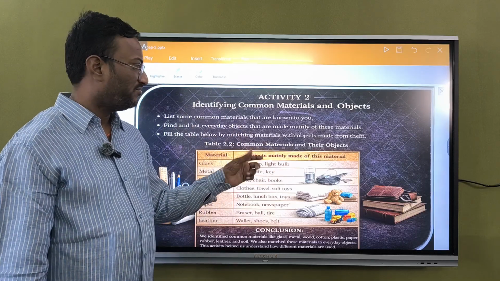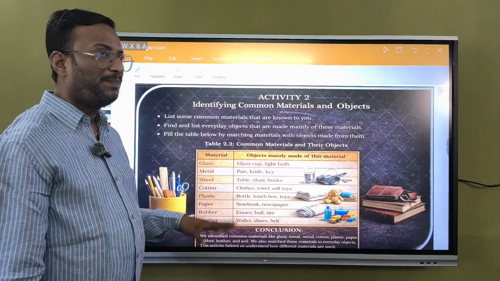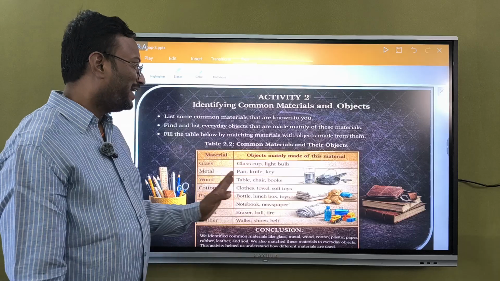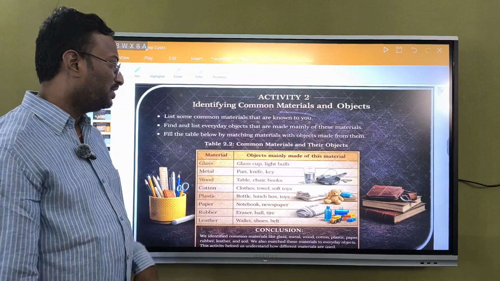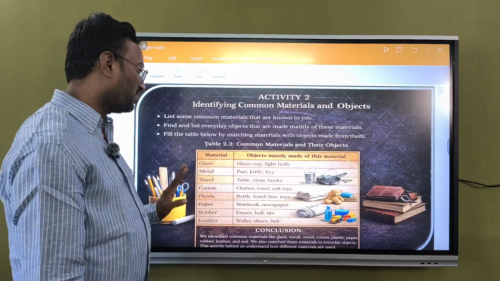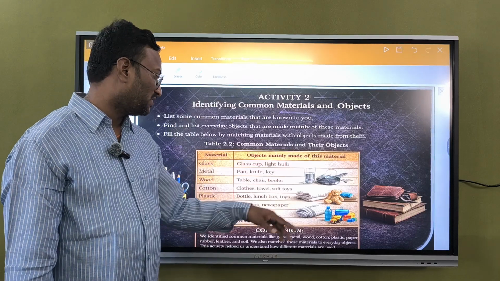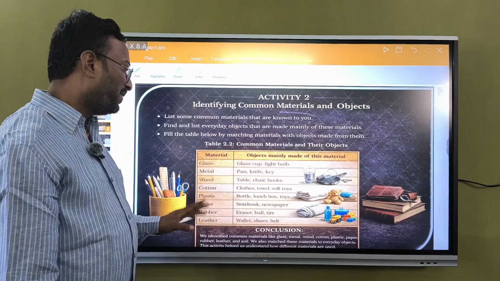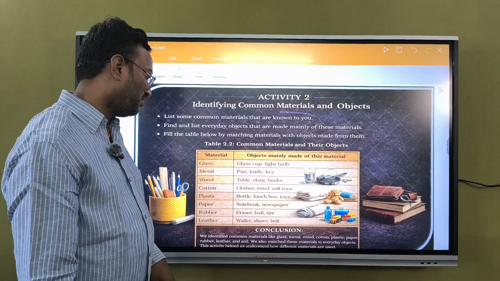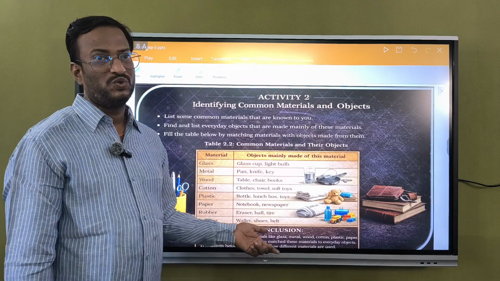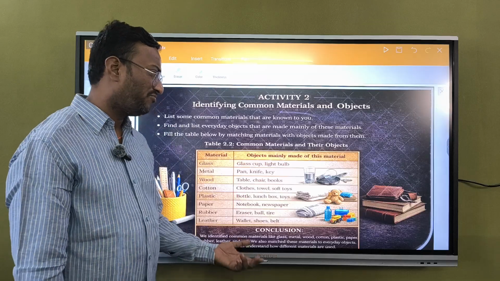Metal: pan, knife and keys are made of metal. Table, chair and books are made of wood. Clothes, towels and sofa toys are made of cotton. Bottles, lunchboxes and toys are made of plastic. Notebooks and newspapers are made of paper or wood. Erasers, balls and tires are made of rubber. Wallets, shoes and belts are made of leather.